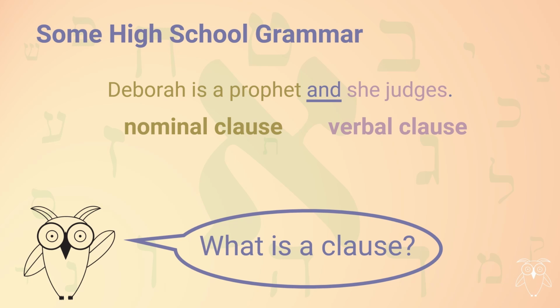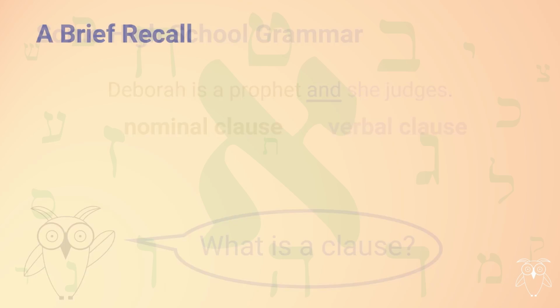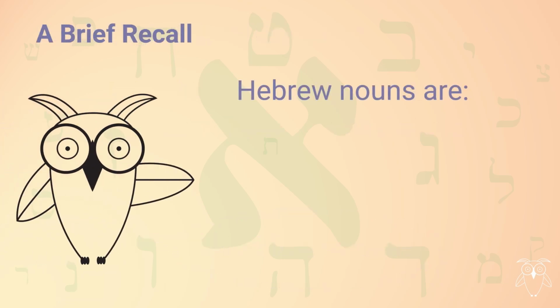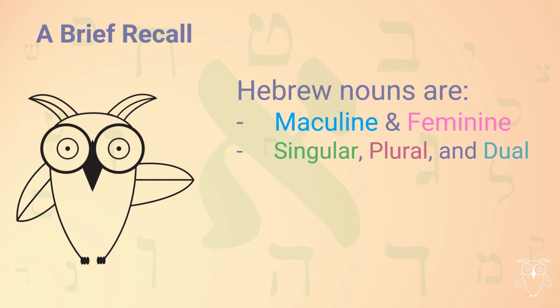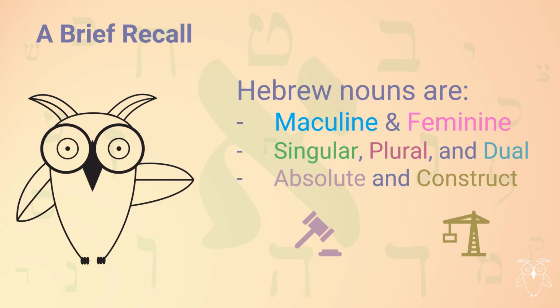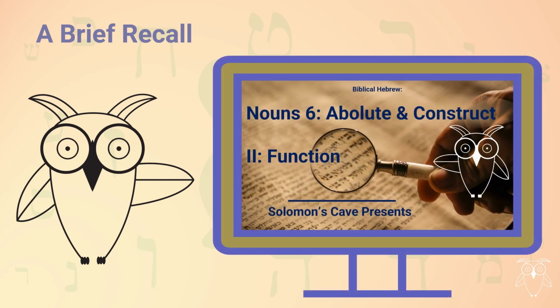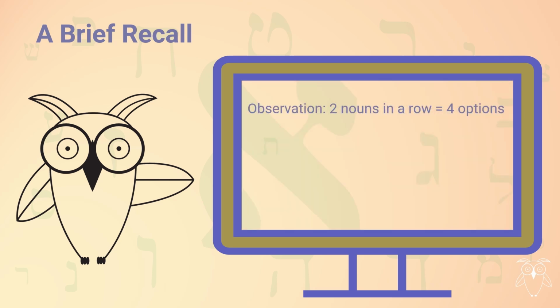So with that out of the way, let's take a step back and recall some things from the previous video. First, Hebrew nouns, besides being masculine or feminine and singular or plural or dual, were also divided into another category, namely absolute and construct. Looking at that final category, I noted that there were four hypothetical options.